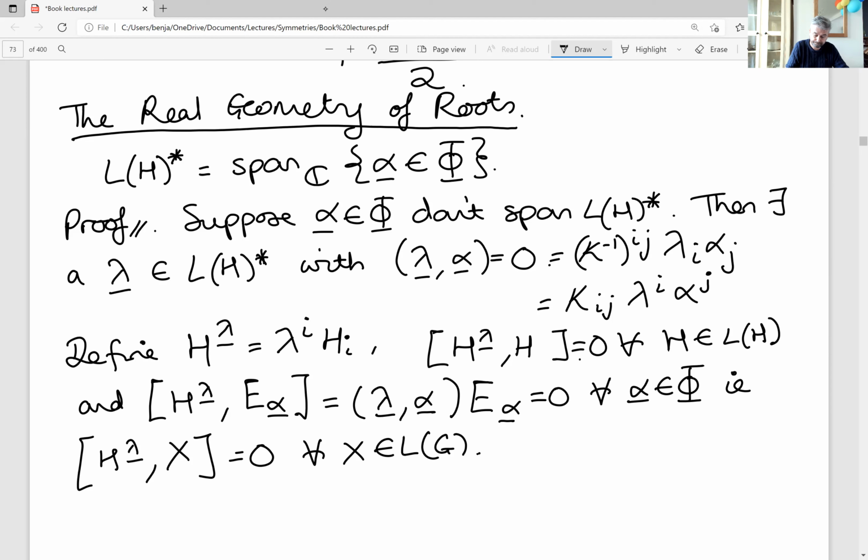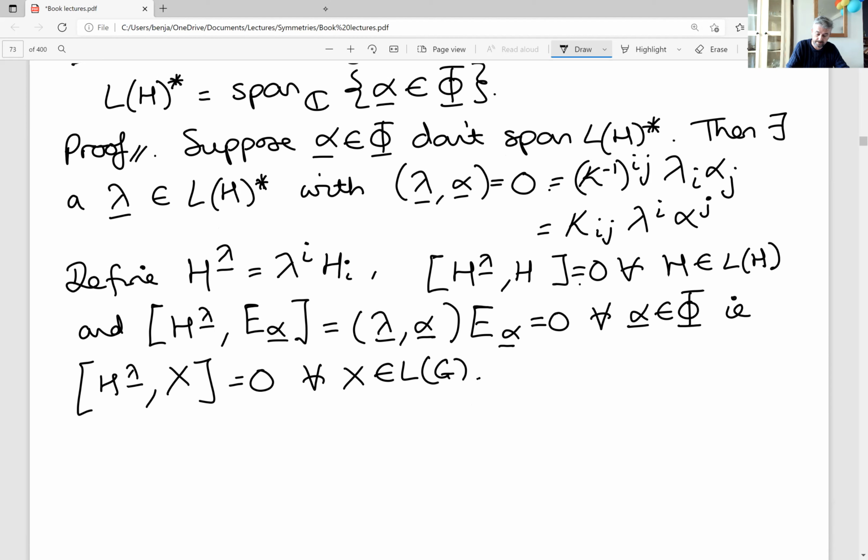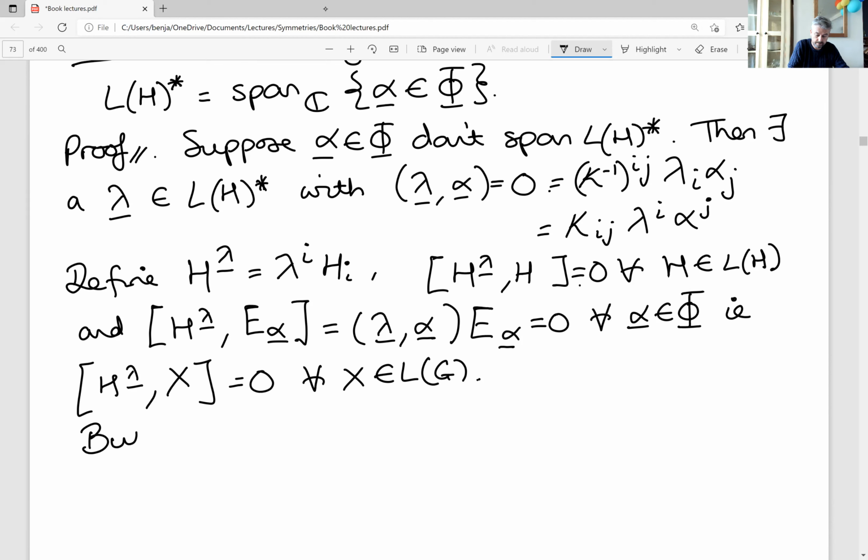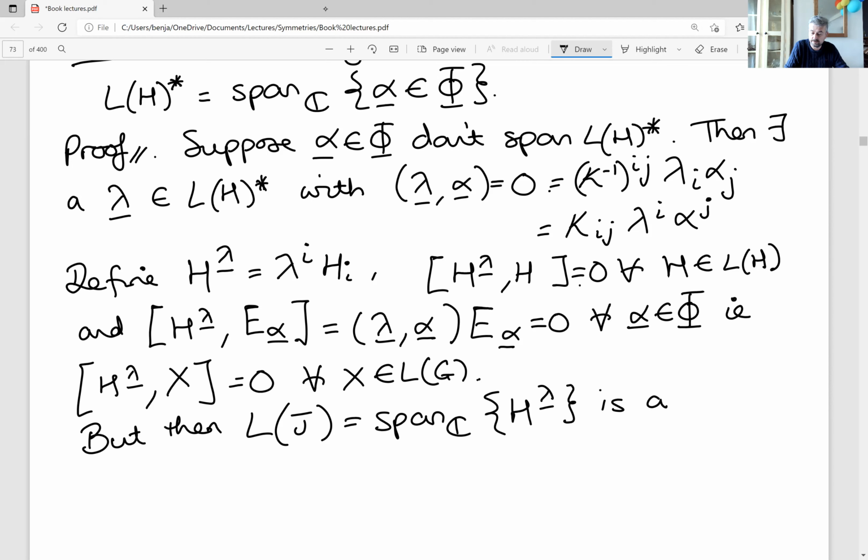But then this leads to a contradiction, because if I take some span over the complex numbers of all of these such h lambdas, this is a non-trivial invariant subalgebra.